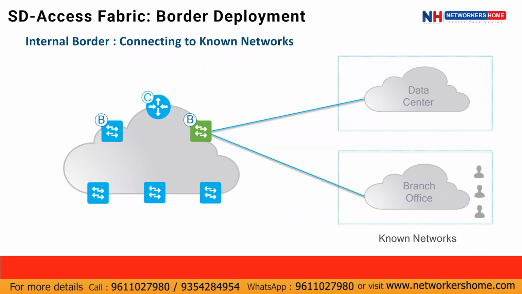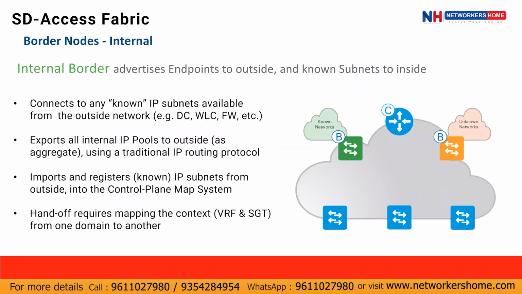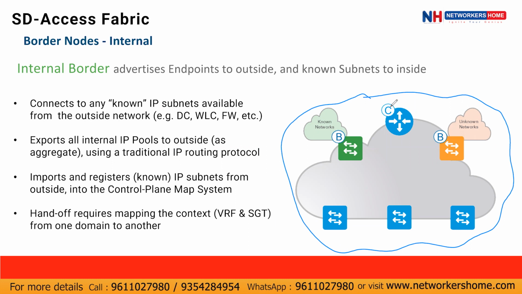How do you classify known networks? I mean, a known network for one branch might be unknown for the other branch, right? How do you classify that? It is the duty of the border nodes. For one branch, we have a dedicated set of border nodes, control plane node, and edge node. The other branch will have its own set of devices already defined. So we don't need that specific branch to interfere with this, considering the known or unknown networks.